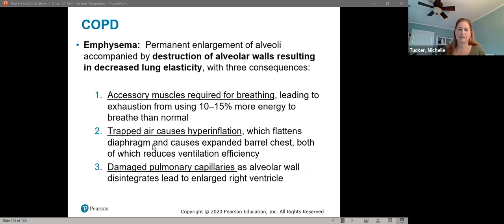This trapped air causes hyperinflation, and that eventually leads to damaged pulmonary capillaries as that wall disintegrates, the pressure is increased. And so the pressure in the pulmonary capillaries increases, which causes an increase in pressure of the pulmonary artery, and then an enlarged right ventricle.